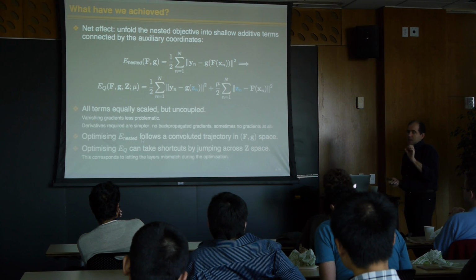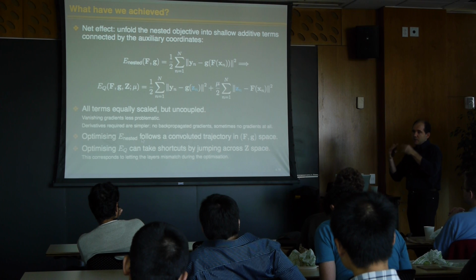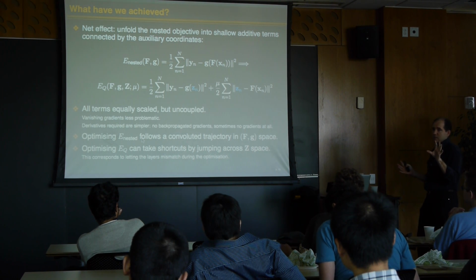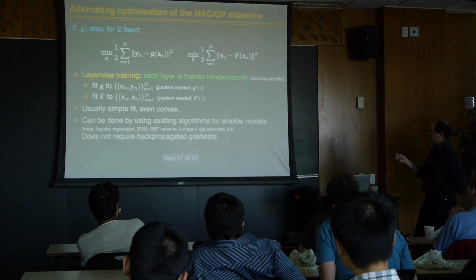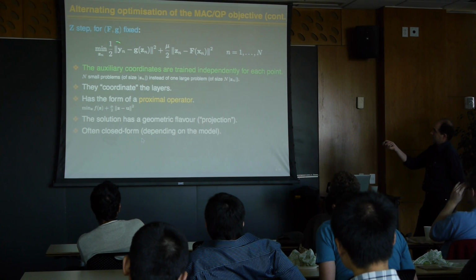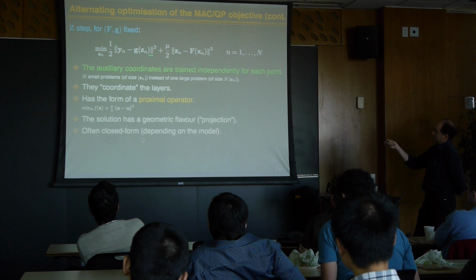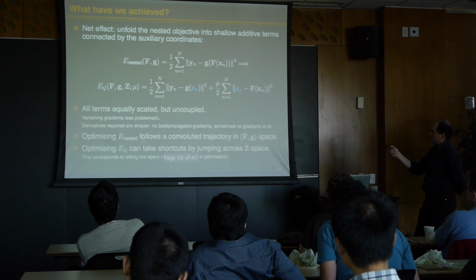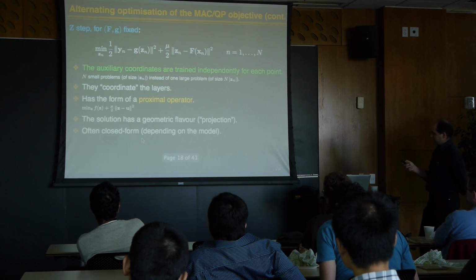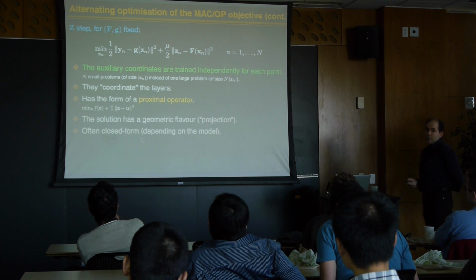That means that instead of having a very big problem with all the Zs combined, you have N problems, which are separate, one for each Z. And it looks like this. So this part here is the problem for one particular Z_n. Okay? It comes just from here by removing the summations and focusing on one of them. This often is a small problem.